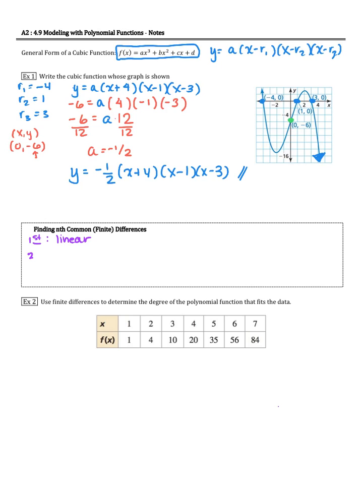When you did it again, if you didn't have a linear, and the second common difference was constant, it was going to be a quadratic. Following in that vein, if you didn't get a quadratic, you would continue, and if the third common difference is constant, in other words, it's the same value, then you know you have a cubic function. So you have 3 levels to go now.